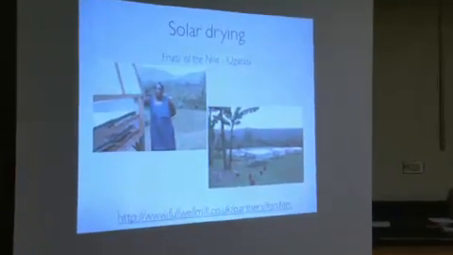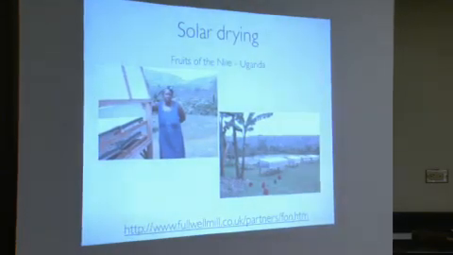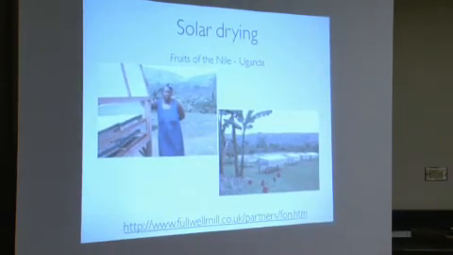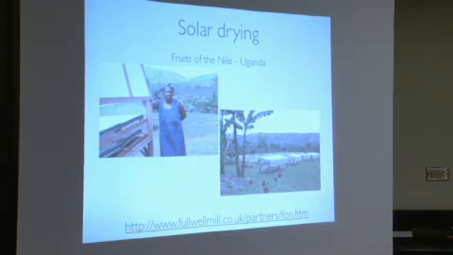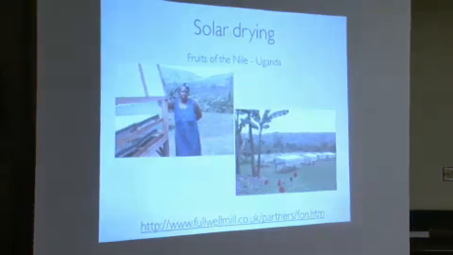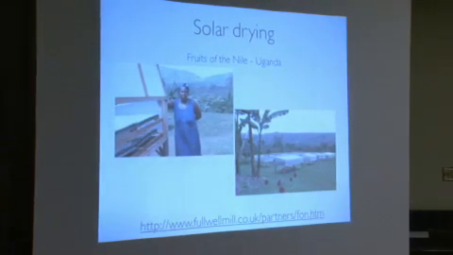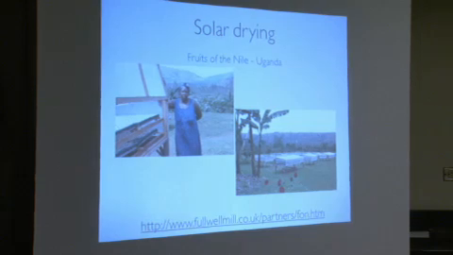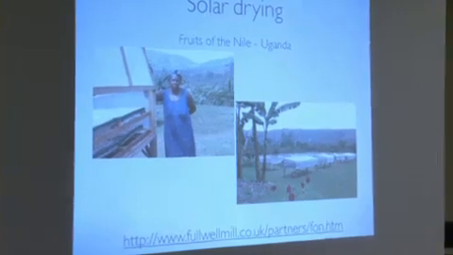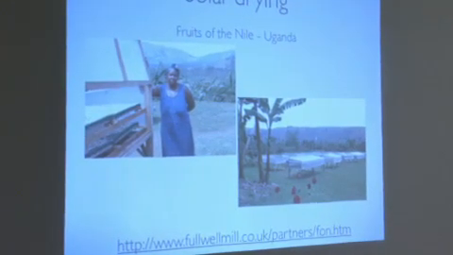So solar drying is another technology that is used in a lot of places in the world. The idea is basically that you take fruits or whatever, and you dry them so that you can preserve them. And the thing is, in a lot of places, you'll have farmers who are growing something, and they'll all have crops that grow at the same time.